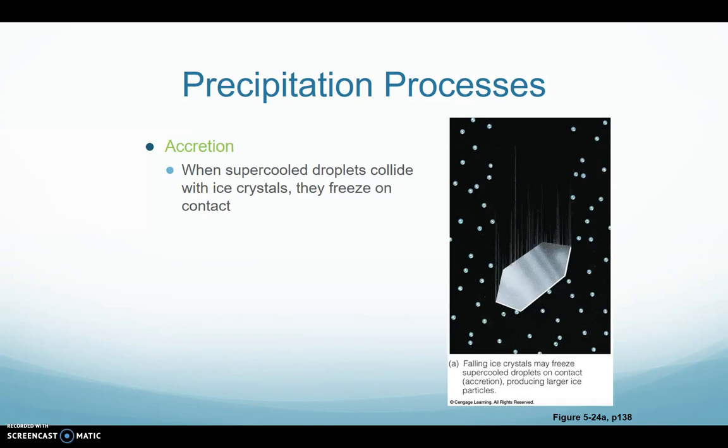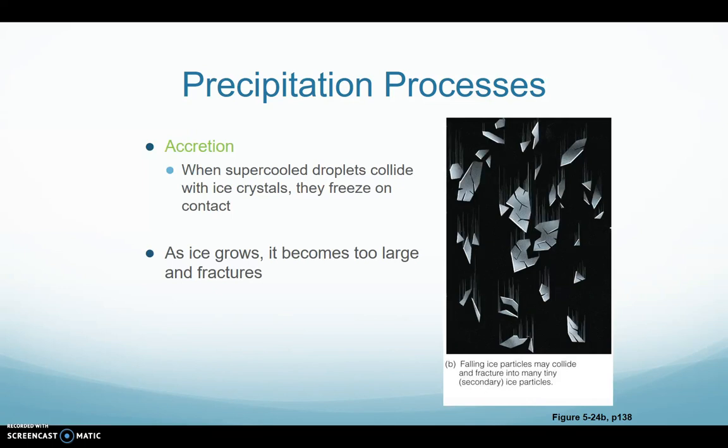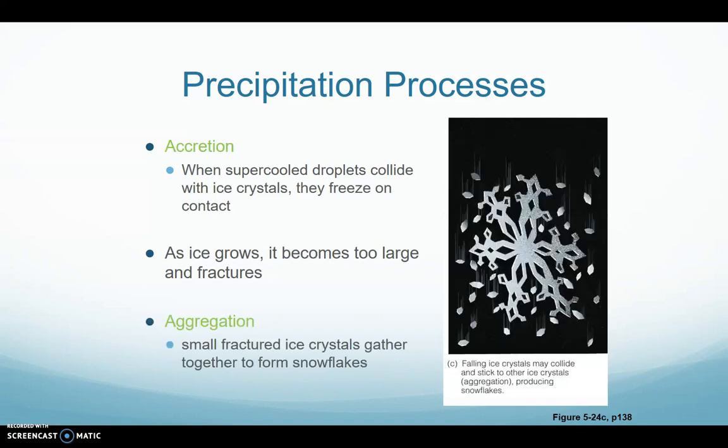But there comes a point when the crystal becomes too large. When it does, the crystal becomes unstable and fractures into so many tiny, tiny crystal pieces. But there's still an attractive force between all of these ice crystal pieces, so they aggregate together.